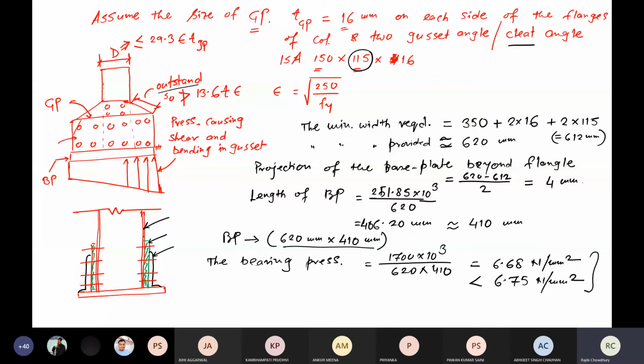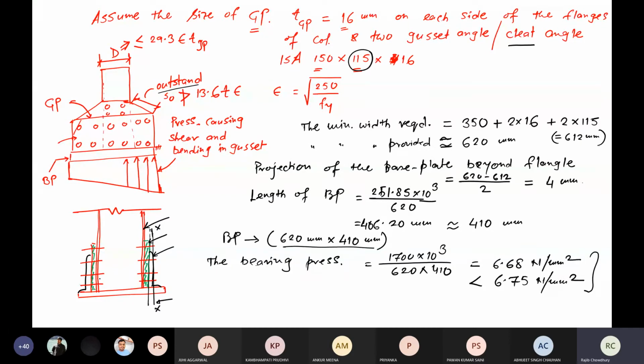We can do it in many different ways. So what I'm doing is I'm going to consider this particular face or this particular face as a critical section, because when we did the bolted connection we also tried to find out the critical sections, and thereby all such other calculations were performed. So here let's say this is my critical section.